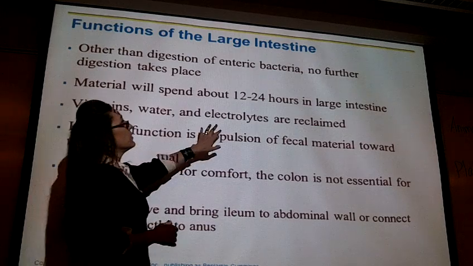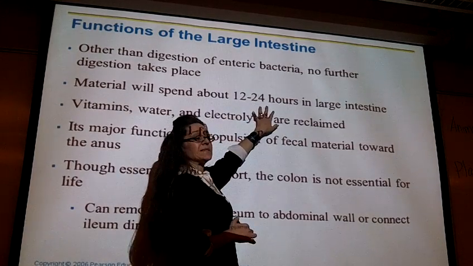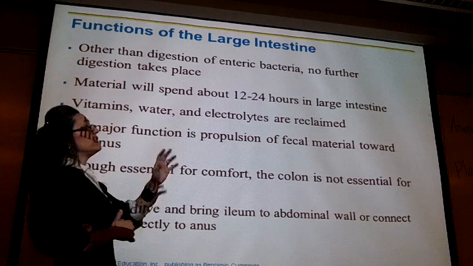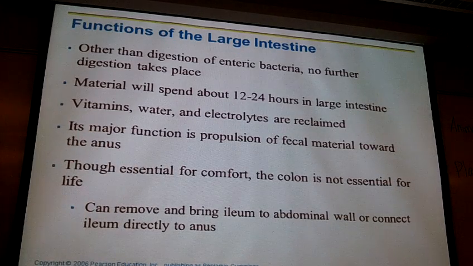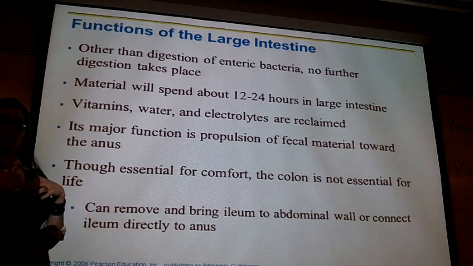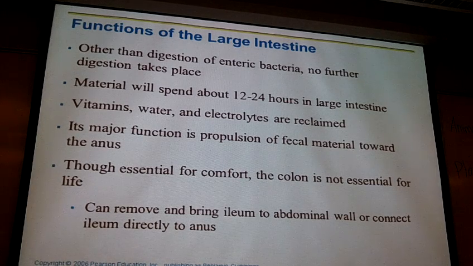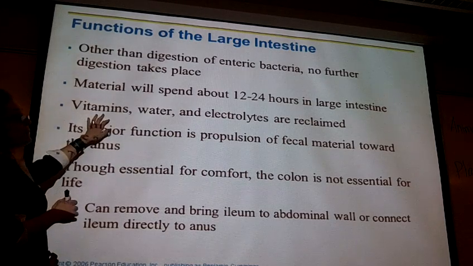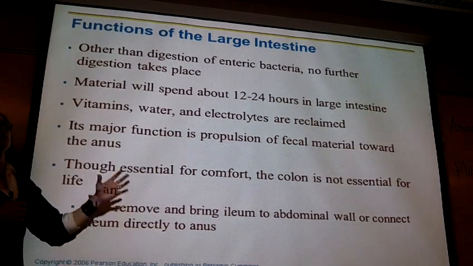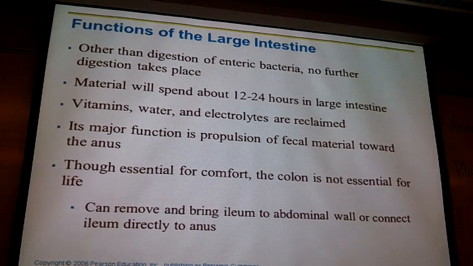If you have material going through the large intestine faster than this, then you're going to end up with diarrhea because you don't have the chance to absorb that water. So you want a nice, good motility so that things aren't too watery and you have the potential of getting dehydrated or too hard. Then you have the potential for being constipated and then you get cranky and it's just no good.